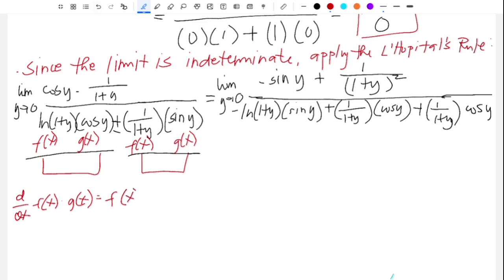f of x, g of x plus derivative of f of x, then g of x.